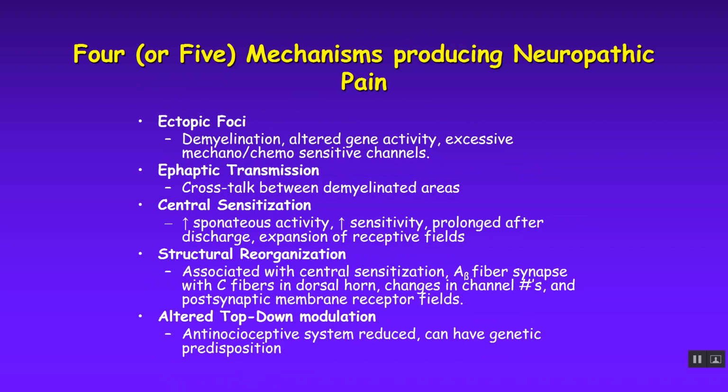There are some specific mechanisms that produce some of this neuropathic pain. Your book talks about some things. One is called ectopic foci. Especially in the periphery, if you damage a nerve, you roll it around, stretch it, irritate it, the myelin gets damaged. You have all these little axons near each other that each have myelin.